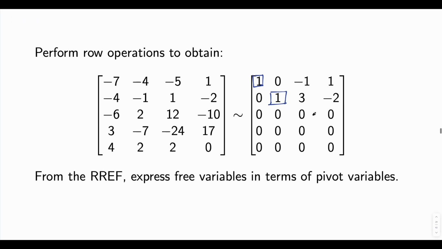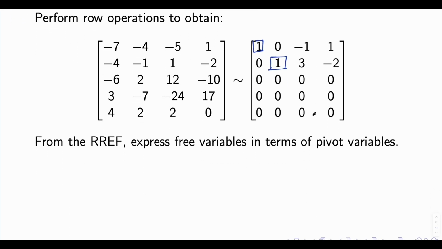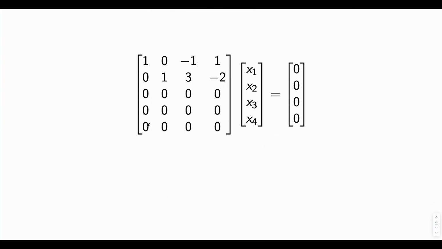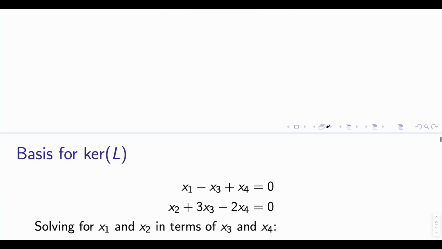Now we want to solve this system, Bx equal to 0. To solve this system, x1 minus x3 plus x4 equal to 0, and x2 plus 3x3 minus 2x4 equal to 0, like that we have to solve.